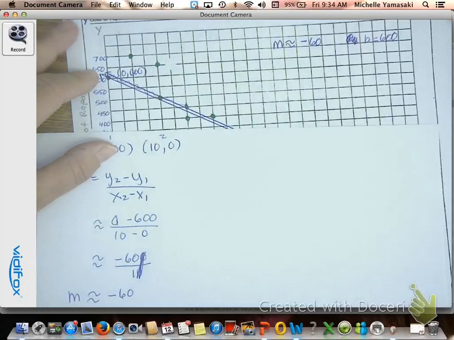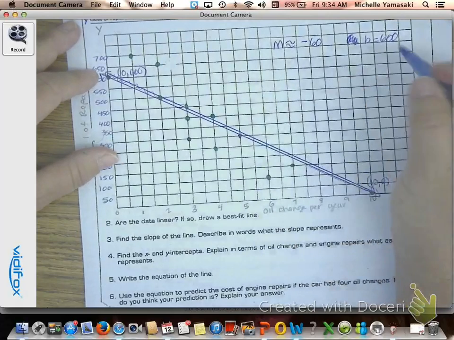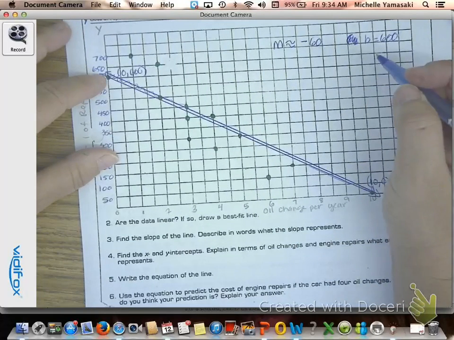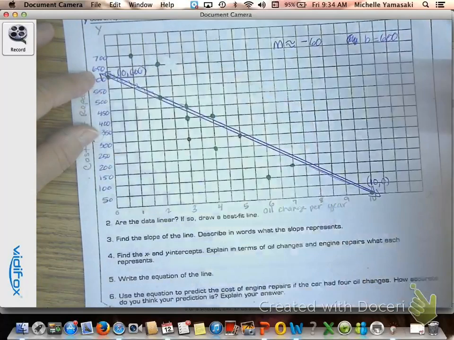So now, can we write the equation of the line? Yes. What is the equation, Carly? I have a question. I don't understand why it's 600. Because it's crossing the y-axis. The b is where it crosses the y-axis.